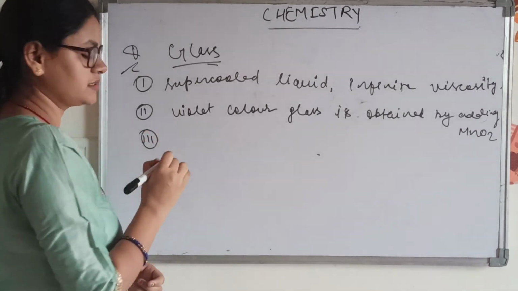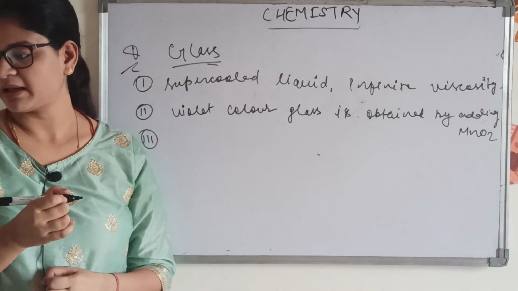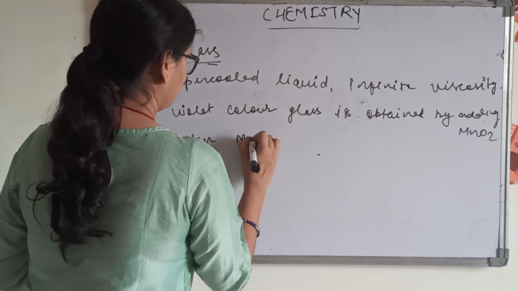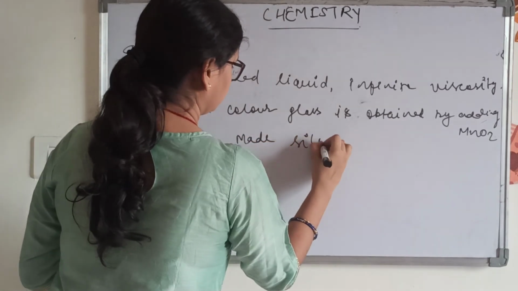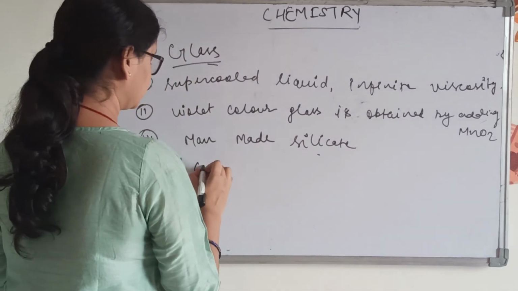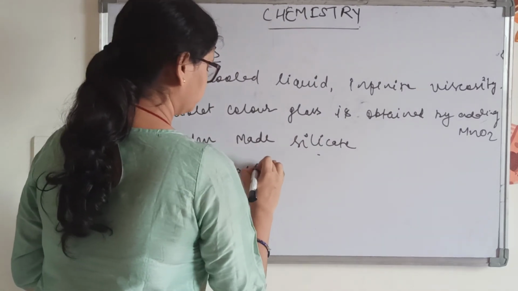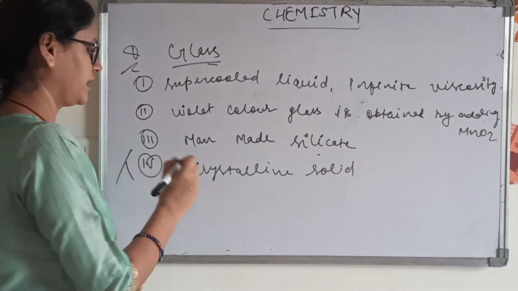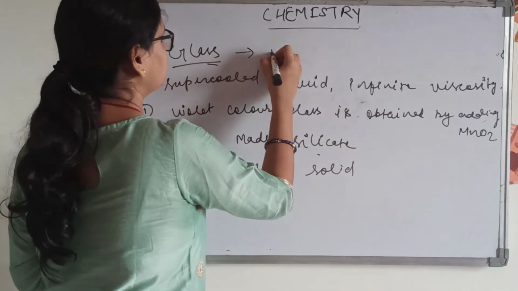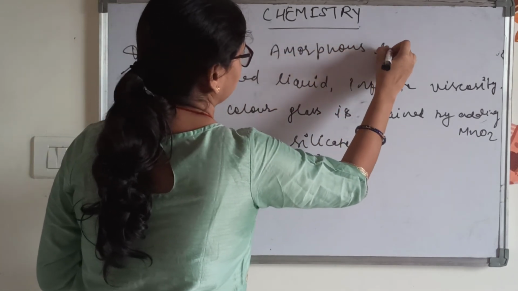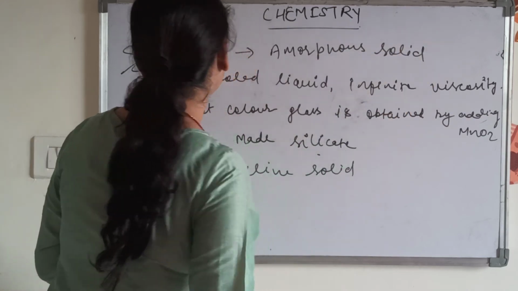The third is, glass is a man-made silicate. And the last option is, it is a crystalline solid. This last option is not correct because we already know glass is an amorphous solid.